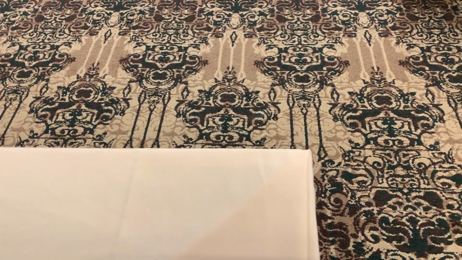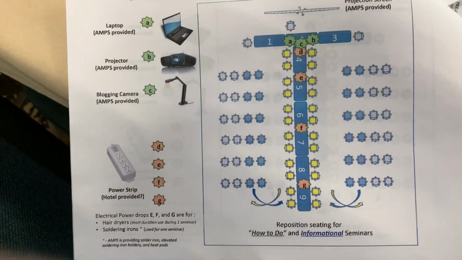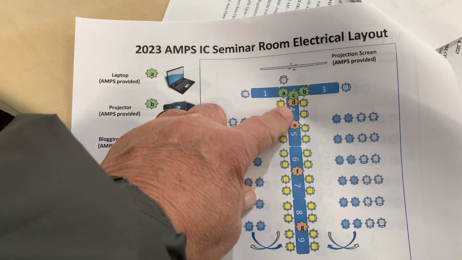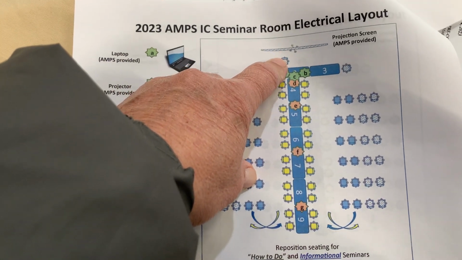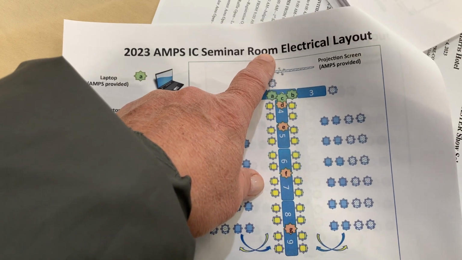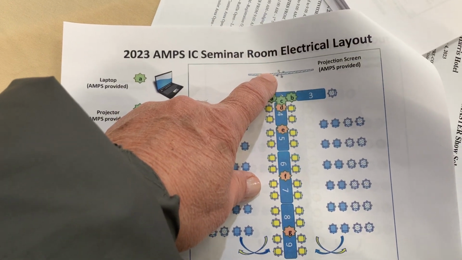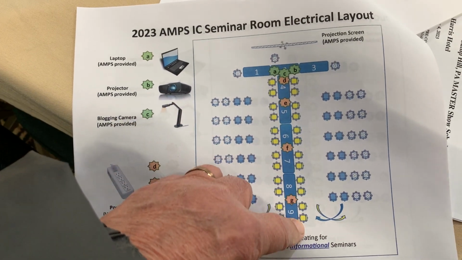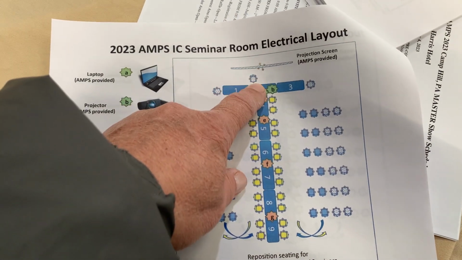Okay. Yeah, this diagram right here, you show the electrical outlet. What's going to happen here is that we're going to basically have to plug in, and then they're going to tape down the conduit to go all the way down here to do that.